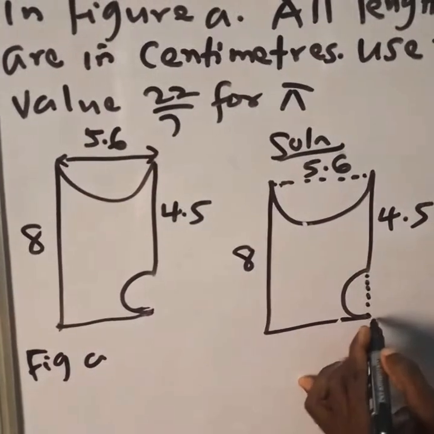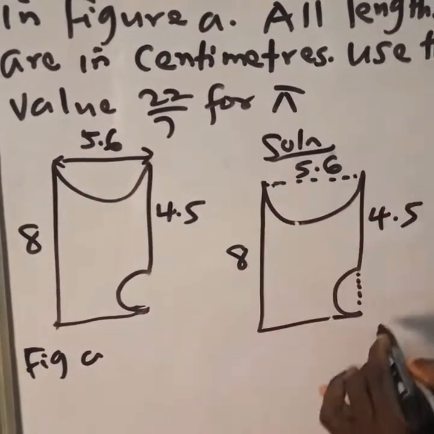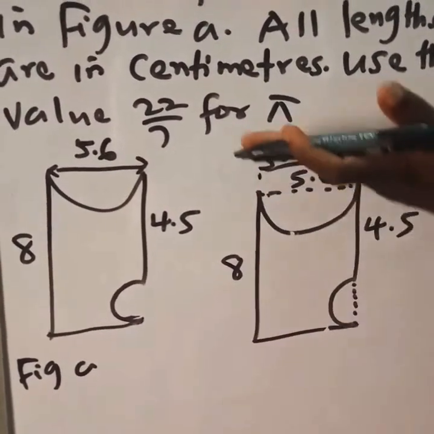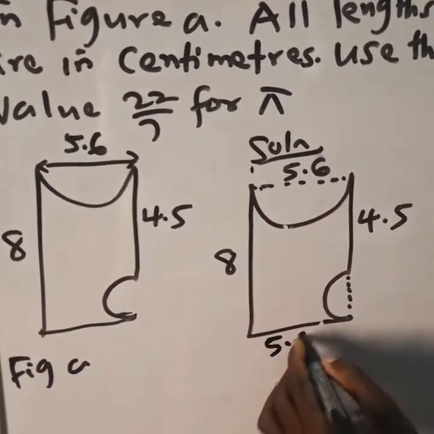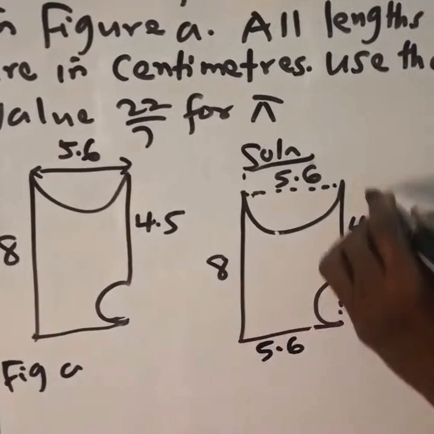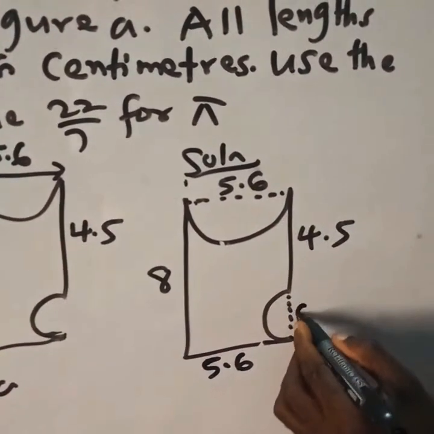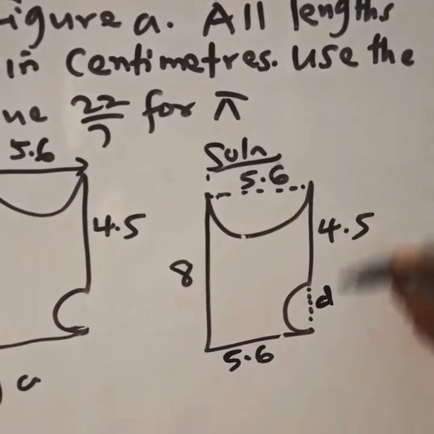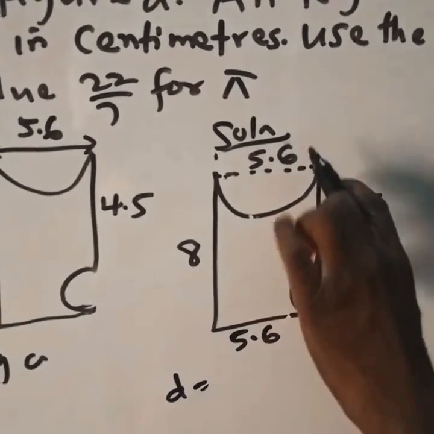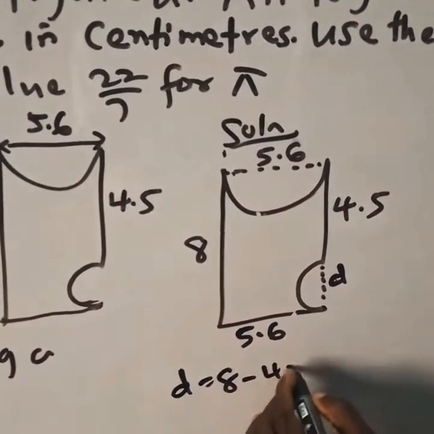So we need to know here, if you complete this like a rectangle, in a rectangle opposite sides are equal. So if this is 5.6, here will also be 5.6. If here is 8, here will also be 8. I need to know the diameter of this semicircle. So d will now be 8 minus 4.5.